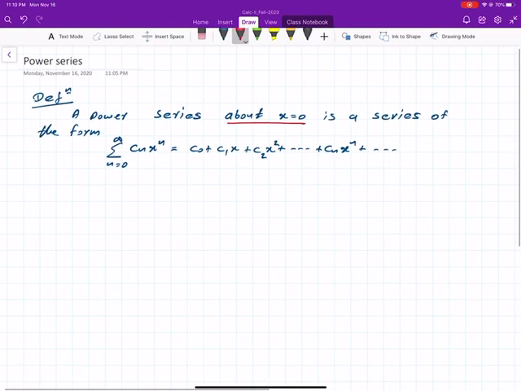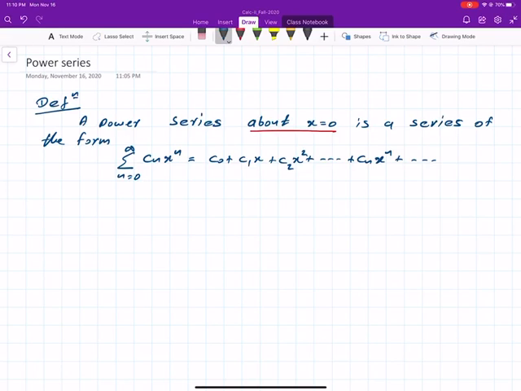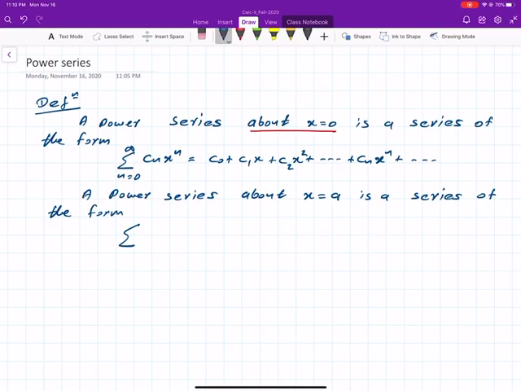And then in the next case, a power series about x equals a is a series of the form sigma n goes from 0 to infinity Cn (x minus a) to the power n.